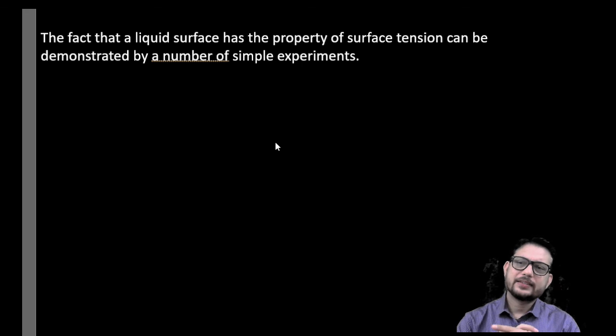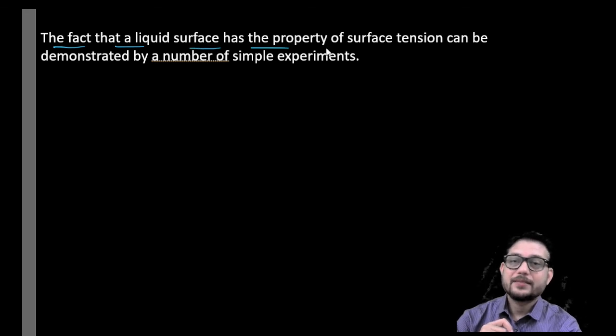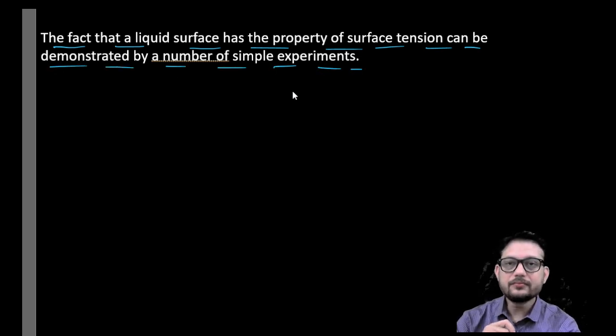Now, in this lecture, we will see some more interesting examples. So, let's get started. The fact that a liquid surface has the property of surface tension can be demonstrated by a number of simple experiments.